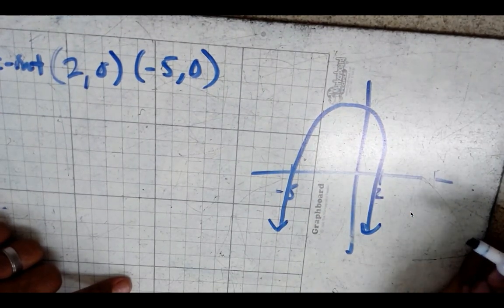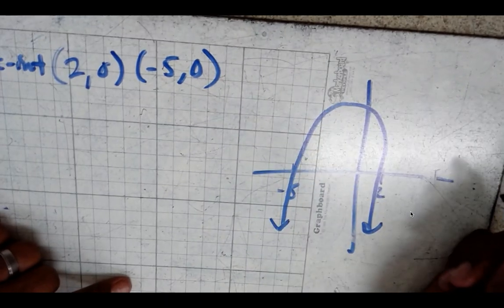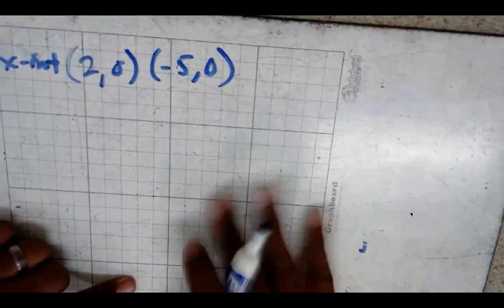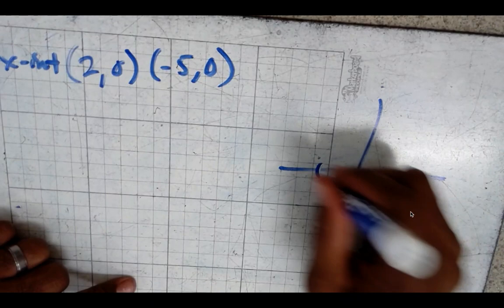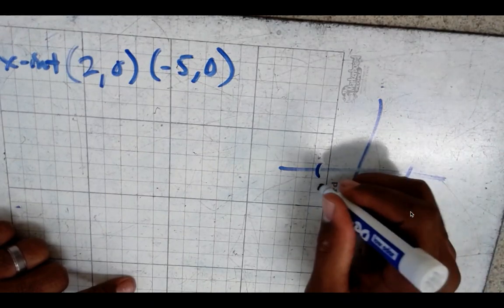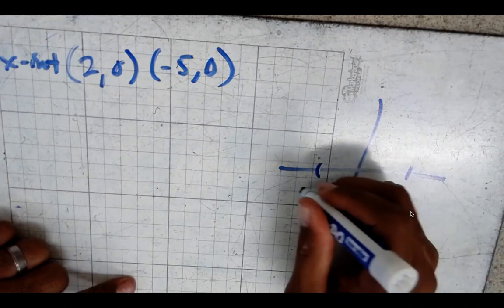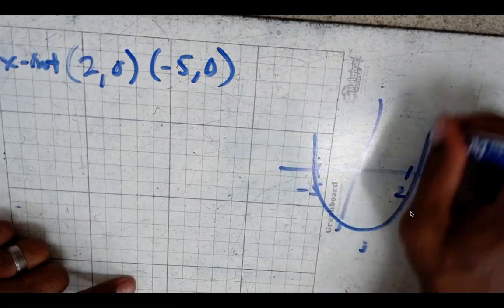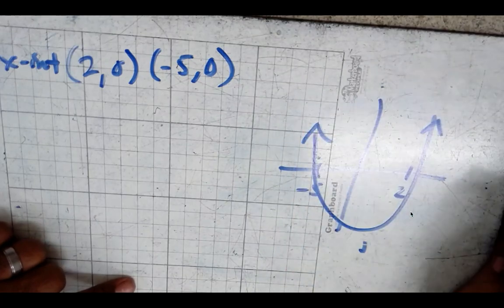Actually, it might go the other way. We don't know if it's negative or not, so we're just going to assume it's going up. So that means 2, negative 5. I know this isn't totally accurate, but the point is that you've got 2 x-intercepts.